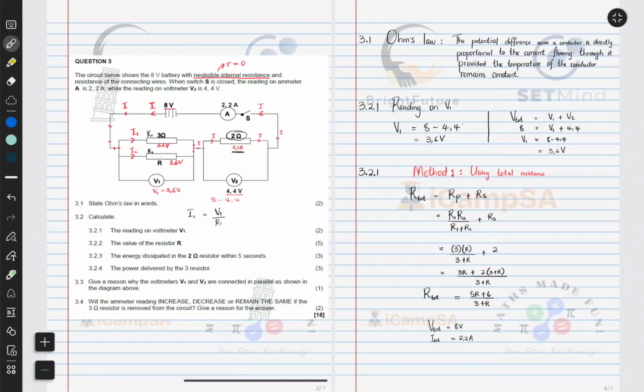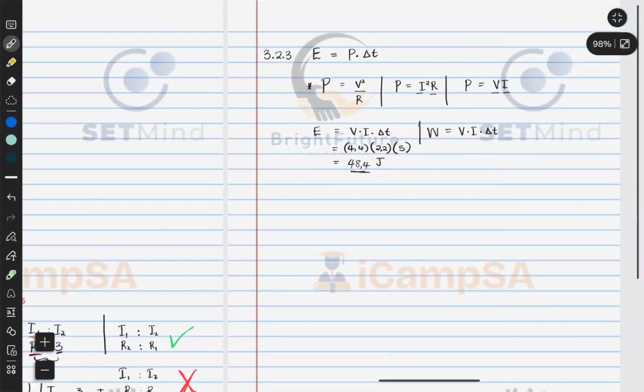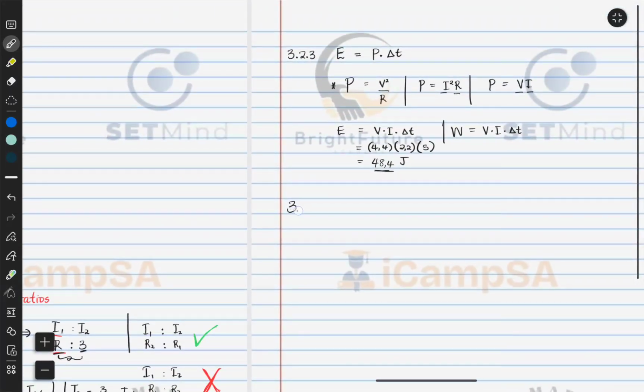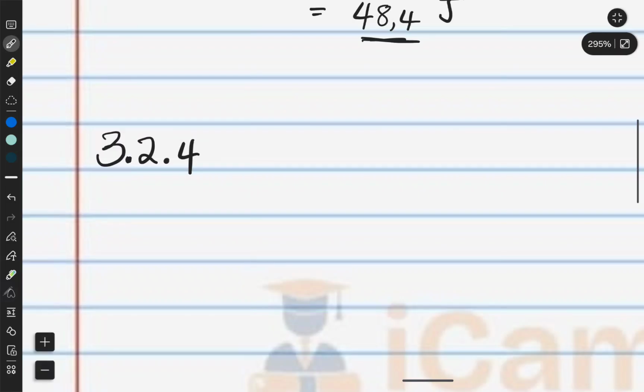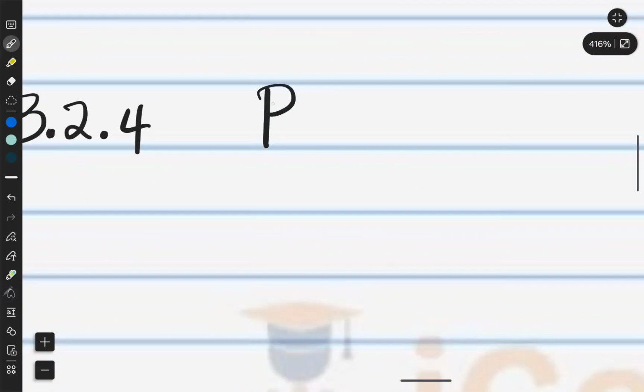Now for 3.2.4, the power delivered by the 3 ohm resistor. Which one is that one? No, that's R1. Okay. This question was friendly to the learners. Alright, so power in the 3 ohm resistor, we know our voltage.